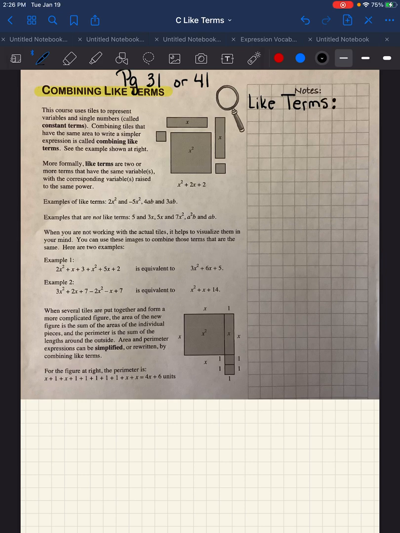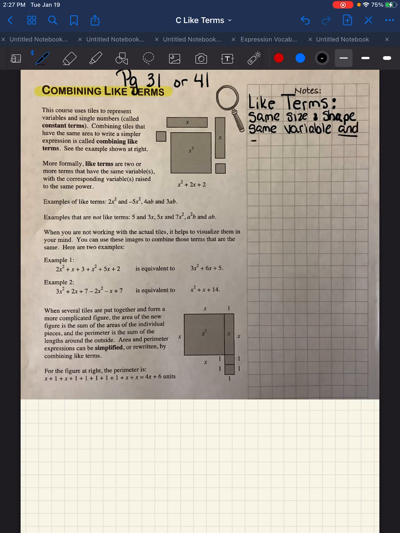Like terms, when we're talking about the tiles, are the same size and shape tile. Those are alike. When we're talking about just looking at the values, variables, and numbers, it is the same variable and exponent.